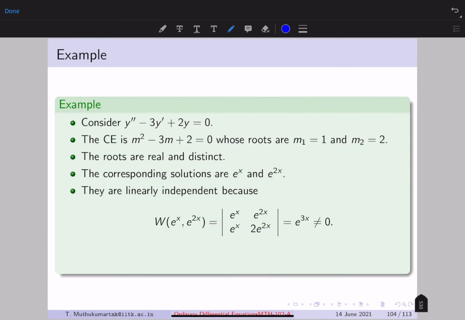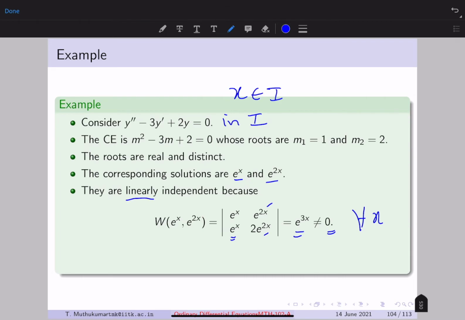You can verify that by the Wronskian: e power x, its derivative, e power 2x, its derivative, gives e power 3x, which is non-zero for all x, whatever the interval I is on which the differential equation is given.